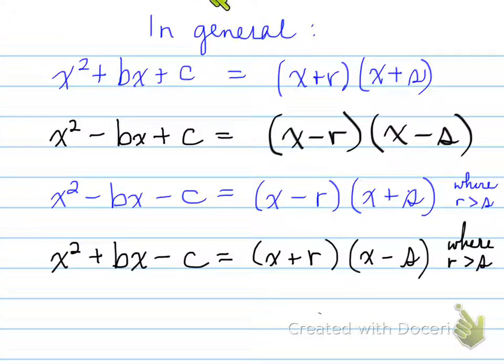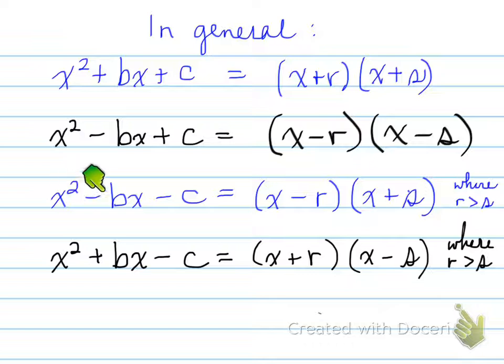In general, if you have a trinomial that looks like this, a simple trinomial where it's positive, positive, your result will be positive, positive. If you have a trinomial where the product is positive and the sum is negative, that means both signs inside will be negative.